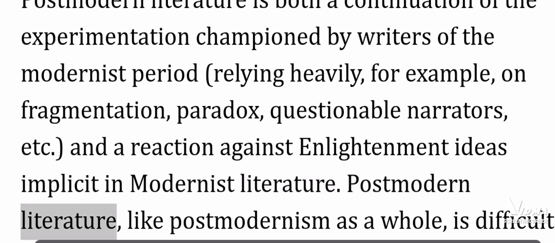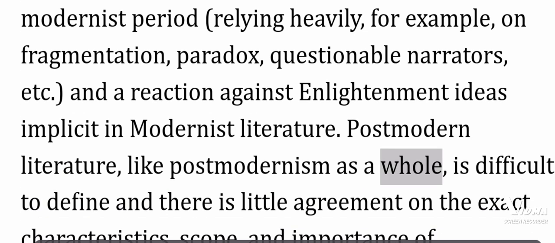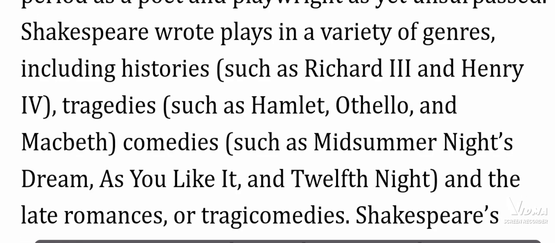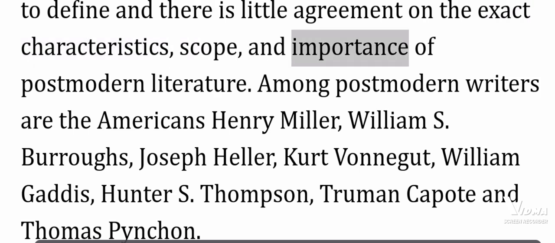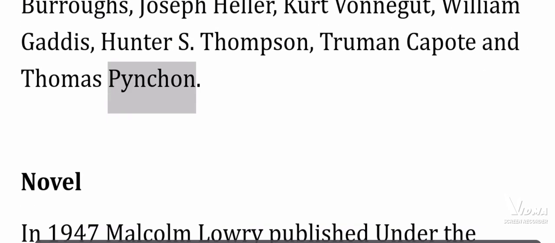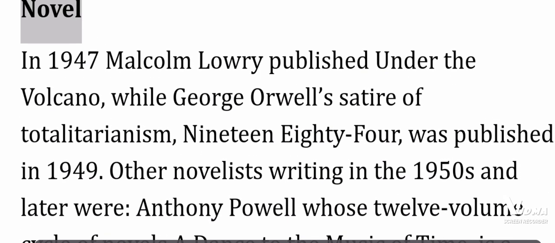Postmodern literature, like postmodernism as a whole, is difficult to define, and there is little agreement on the exact characteristics, scope, and importance of postmodern literature. Among postmodern writers are the Americans Henry Miller, William S. Burroughs, Joseph Heller, Kurt Vonnegut, William Gaddis, Hunter S. Thompson, Truman Capote, and Thomas Pynchon. Novel.